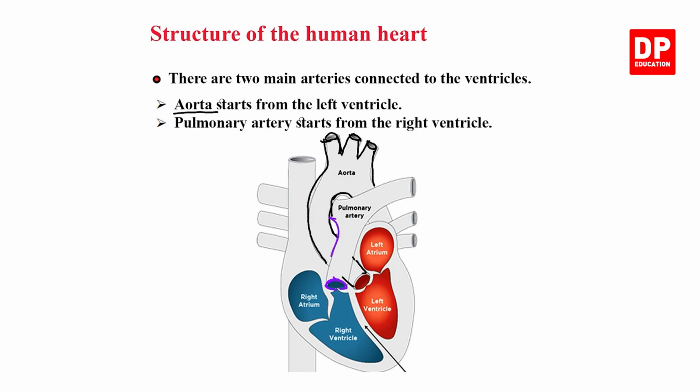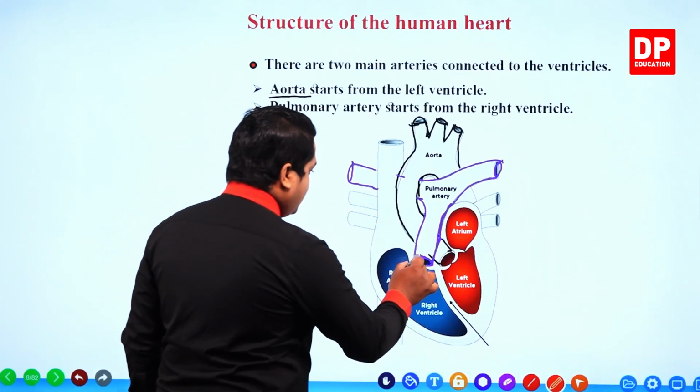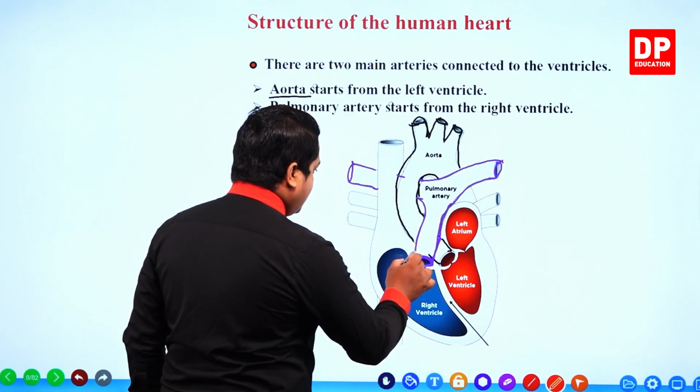So pulmonary artery comes like this and opens to the right ventricle. As there are 2 lungs, it's going to divide once again as left and right, like these 2 parts.